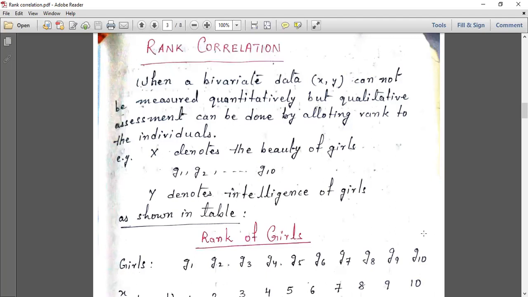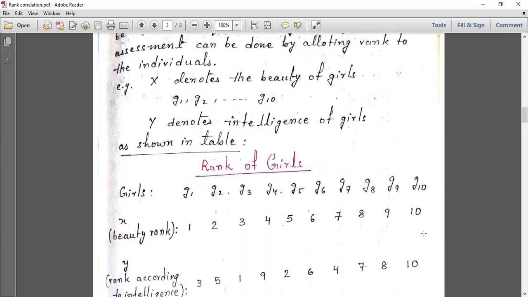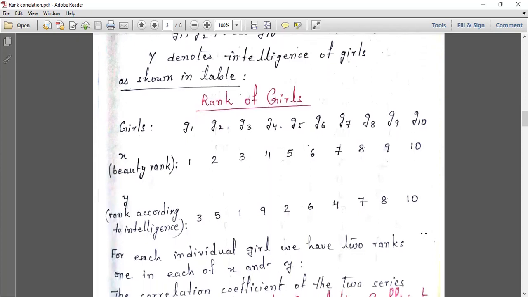If you can see the notes over here, I'm denoting X as the beauty of girls. X is the variable denoting the beauty of girls, and Y denotes the intelligence level of the girls. Okay, and that table is shown over here. The intelligence level is given in numerics, and the beauty is given for 10 girls. Then we have also ranked them according to their beauty.